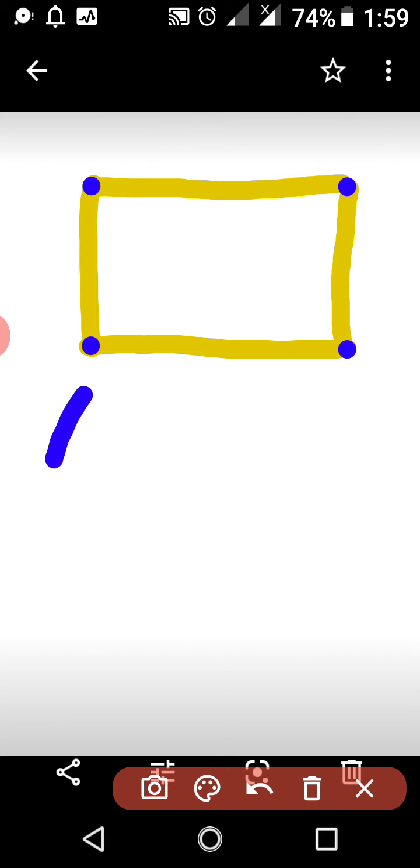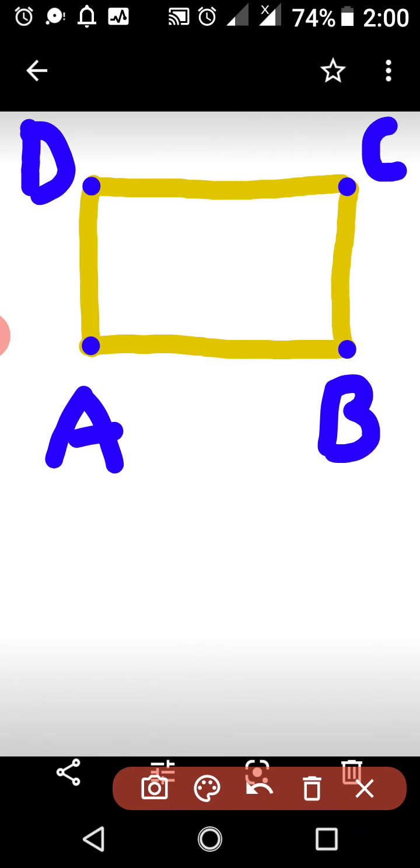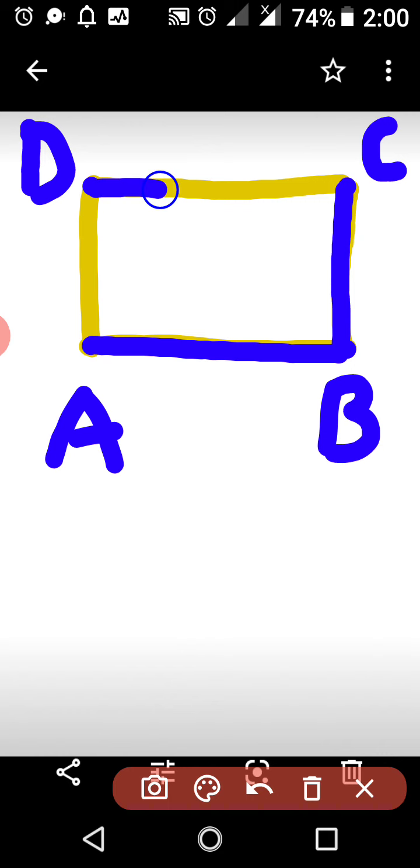This is A, B, C and then D. Now we already know AB is a side, BC is a side, CD is also a side, AD is also a side.